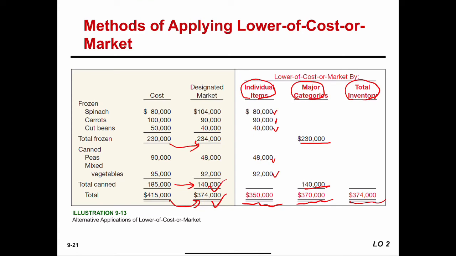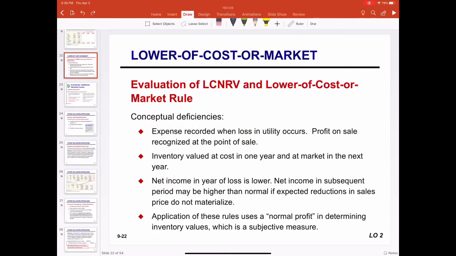Keep in mind, when we apply the lower of cost or market to different categories, we can get a different final inventory value. So you should be very careful when you read the notes, to see to what level or categories the firm applies the LCM. So both LCNRV and the LCM use more relevant information to value the firm's inventory, but there are still some deficiencies regarding these two methods.